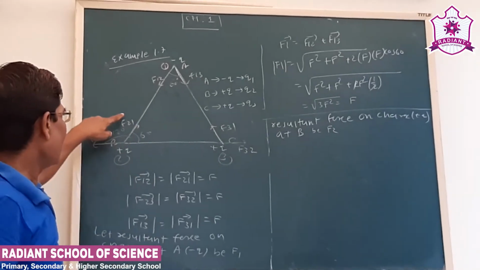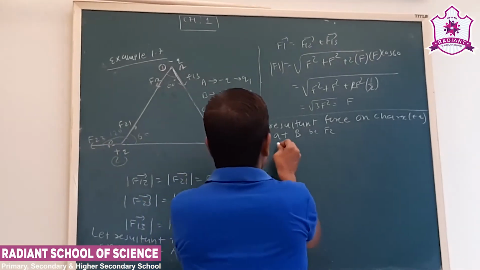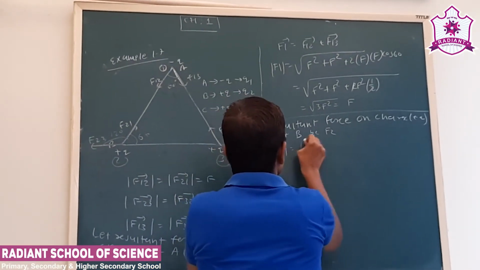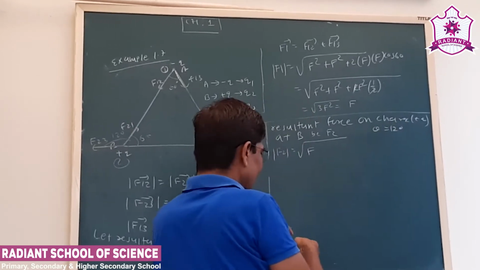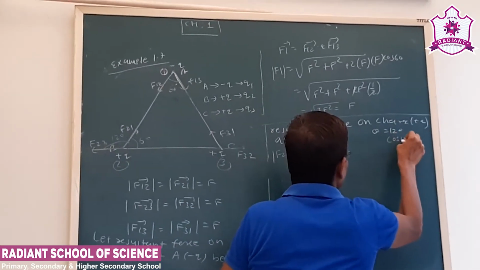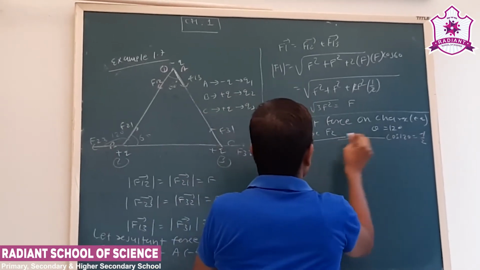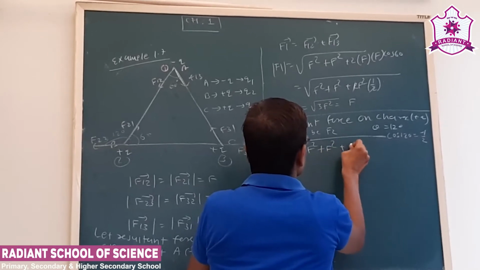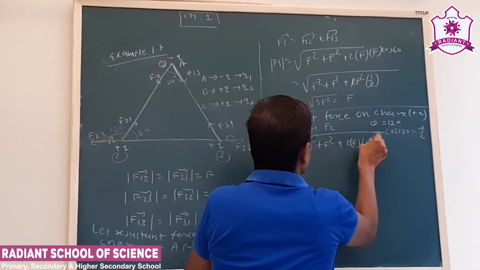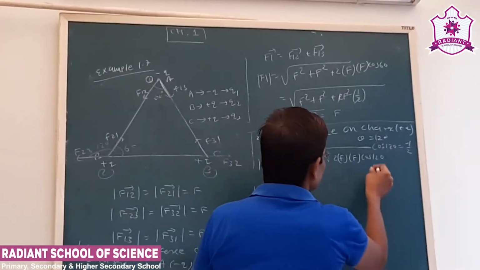So the angle between F21 and F23 is 120. So we can say F2 magnitude, here theta is 120. Now one thing we should remember, cos 120 is minus 1 by 2. So we can write F square, that is minus 1 by 2.